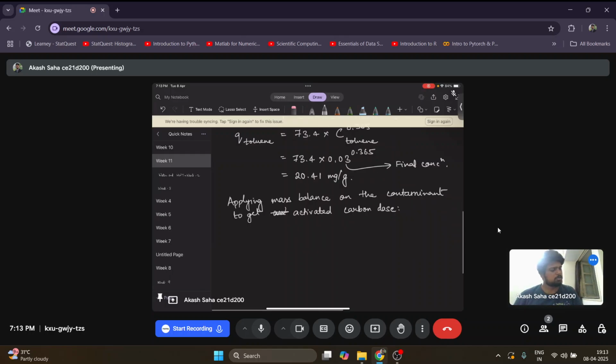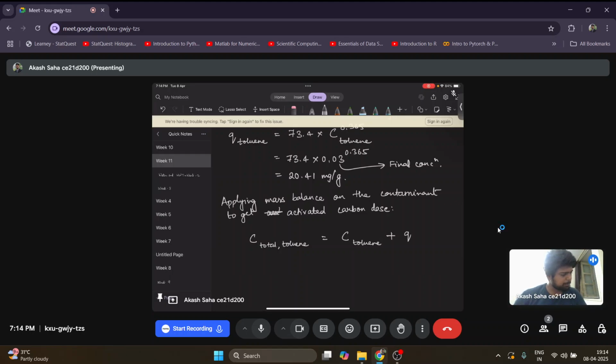As per mass balance, whatever mass was there initially should be equal to the leftover mass plus whatever mass is adsorbed on the activated carbon. So the total toluene present initially will be equal to the concentration of toluene remaining in the system plus whatever is adsorbed. The adsorbed amount is the adsorption capacity of toluene times the concentration of activated carbon.